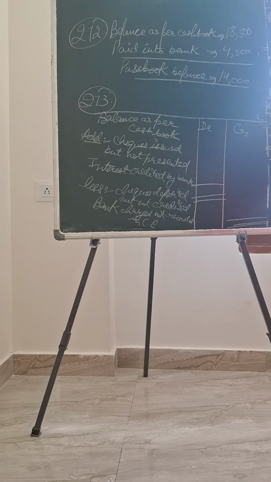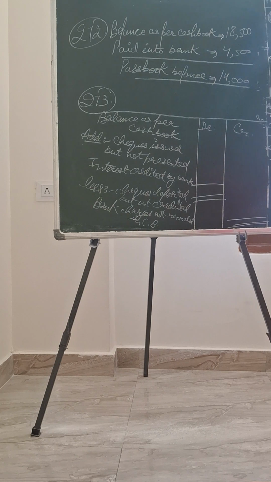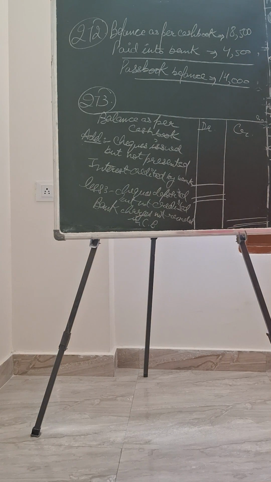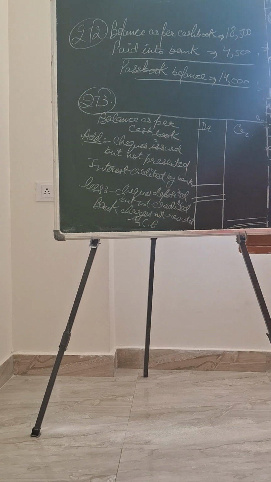Next question we have is related to overdraft. Bank balance as shown by cash book is rupees 6,000. A check of rupees 10,400 was deposited to bank but omitted in the cash book. In the passbook, the amount is wrongly entered in the withdrawal column.